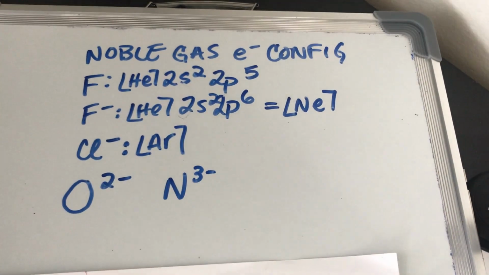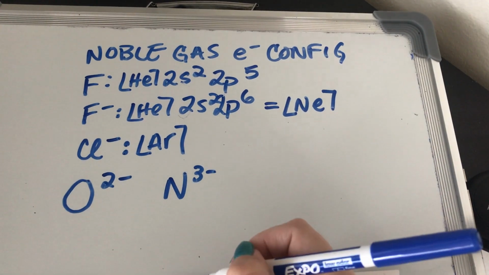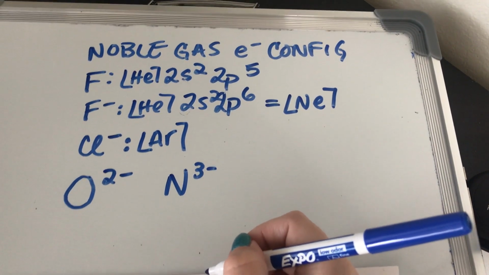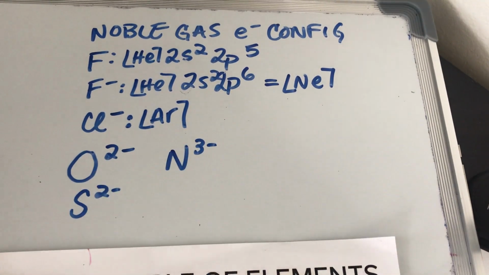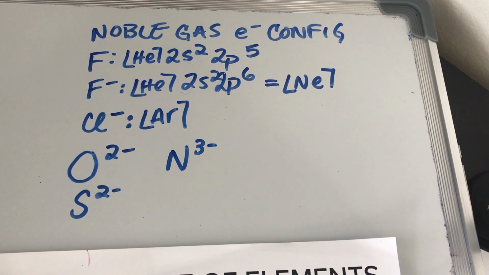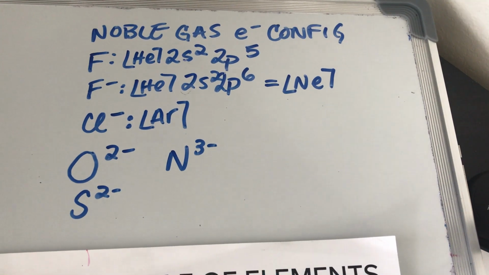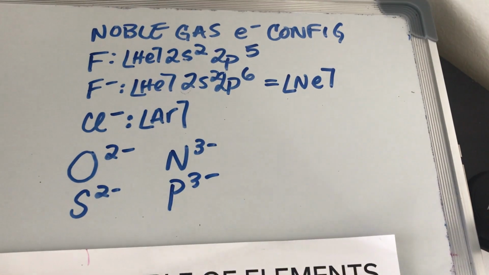How about sulfur? S2 minus. It's right below oxygen, so it has the same number of valence electrons as oxygen, which means it's going to need to gain 2 to get to the noble gas electron configuration. What about phosphorus? 3. Exactly. You got it, guys.